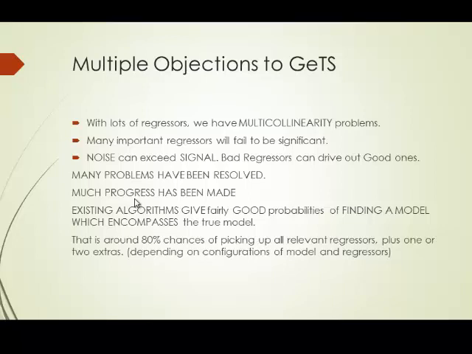Actually, Hendry wrote a paper called "We Just Ran One Regression," in which he took the Sala-i-Martin data set and fed in all the 61 variables, and then he got out the final model, which was not too different from the one that was obtained by Sala-i-Martin.